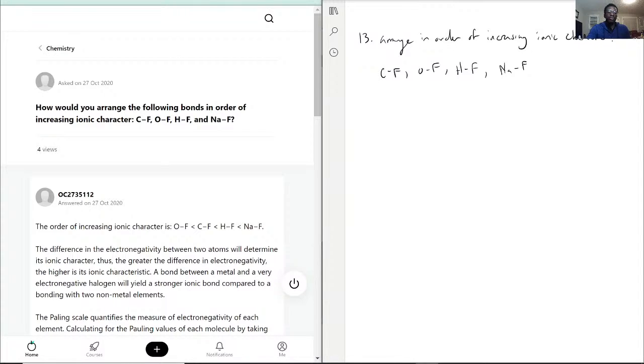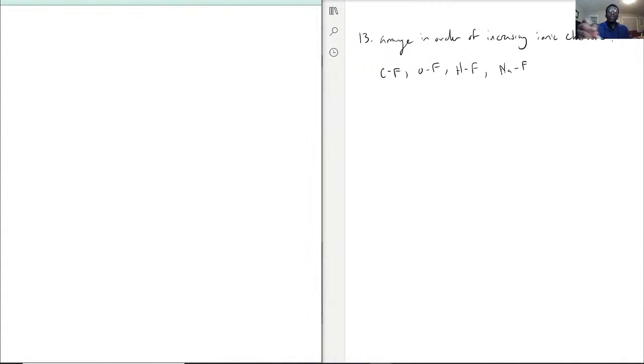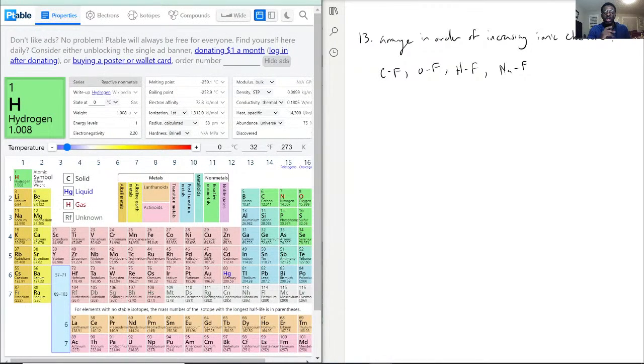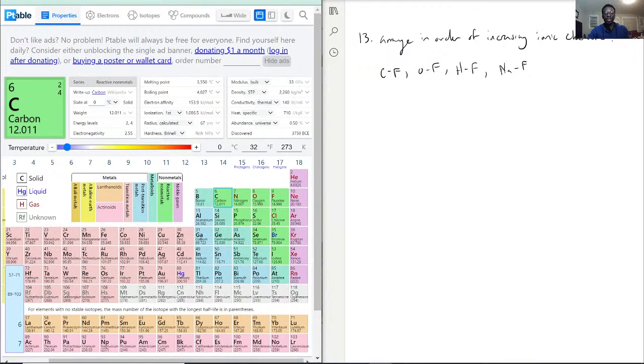To figure out the increase in ionic character, we deal with just the electronegativity, starting with CF. Remember the question we solved earlier about carbon tetrafluoride? You'll be able to find that in another video, but the point is that we saw there that they were polar bonds, but it wasn't a polar molecule.